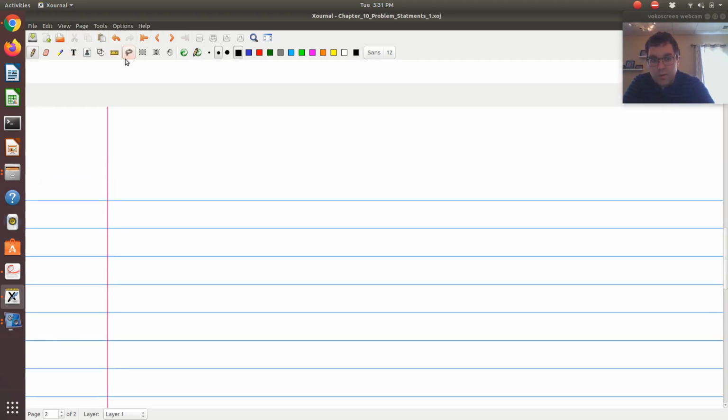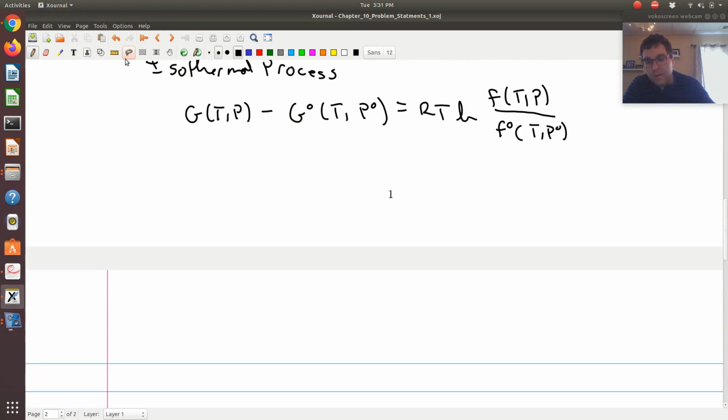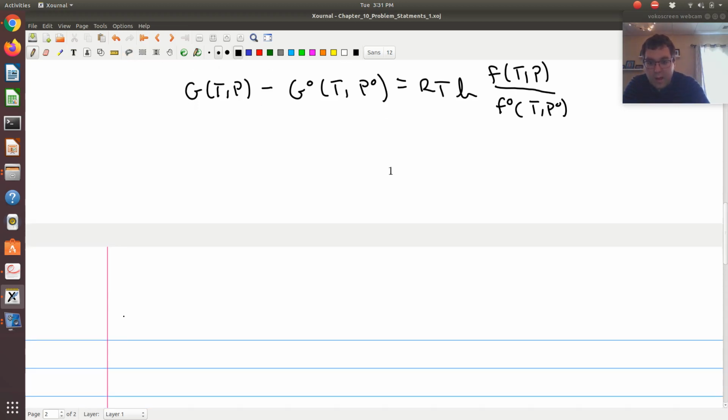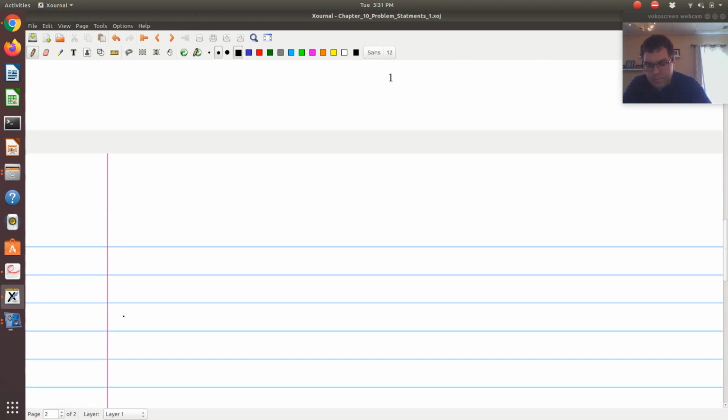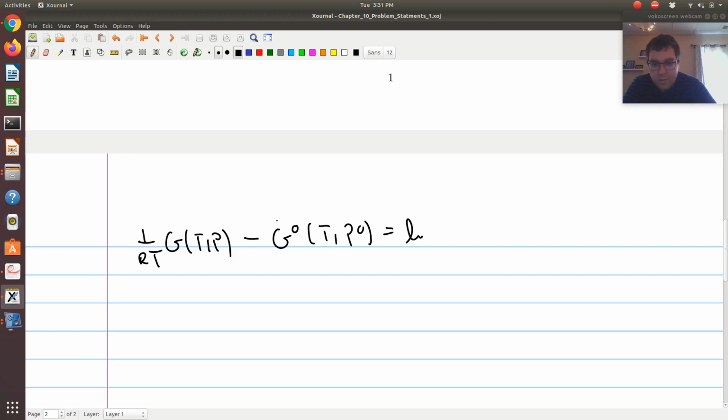Picking up here: if I divide through by RT to get dimensionless form, I could rewrite this as 1 over RT times G at T and P minus G naught at T and P naught, is equal to log of f at T and P over f naught at T and P naught, or playing with my log rules.